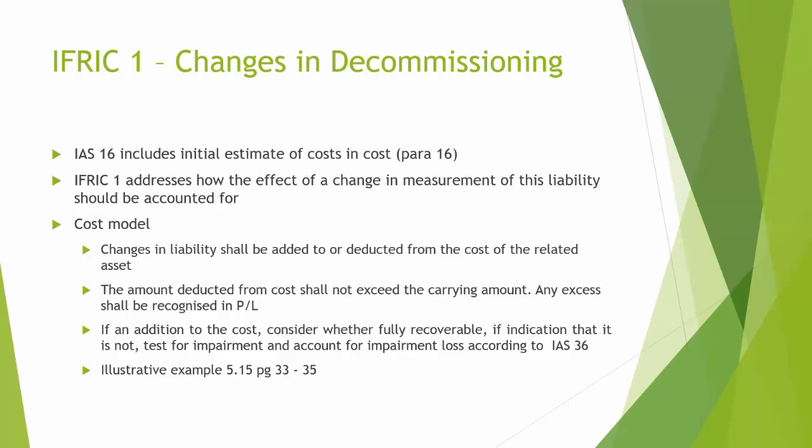If we are decreasing it, we will debit the liability and we will credit the cost to the extent that we actually have a carrying amount to be able to credit it against. Otherwise, we will credit a profit or loss account.